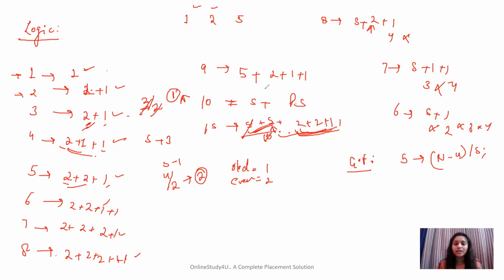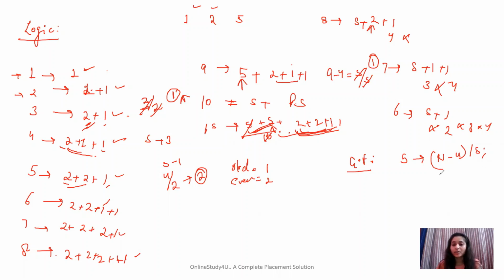See, for 9, I'm including one 5 and the remaining value of 4. So I'm including the pattern from 4 to 8. That is why I'm subtracting 4 first. Also, why am I dividing by 5? Because 9 minus 4 is 5, and if I divide it by 5, then I get 1. That is, one 5 needs to be included.